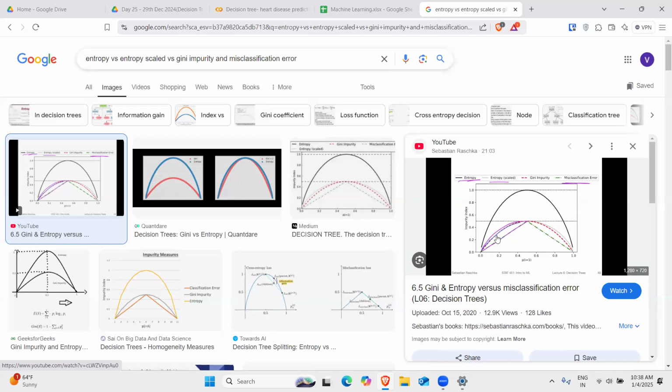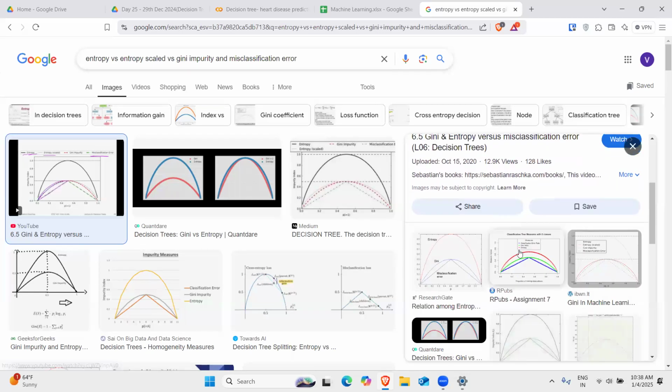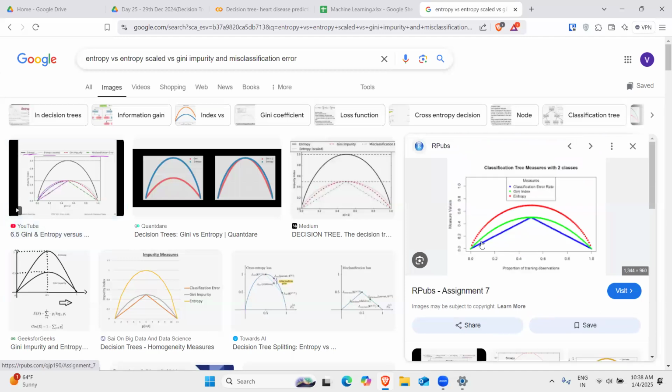So the figure is this. This is your figure.